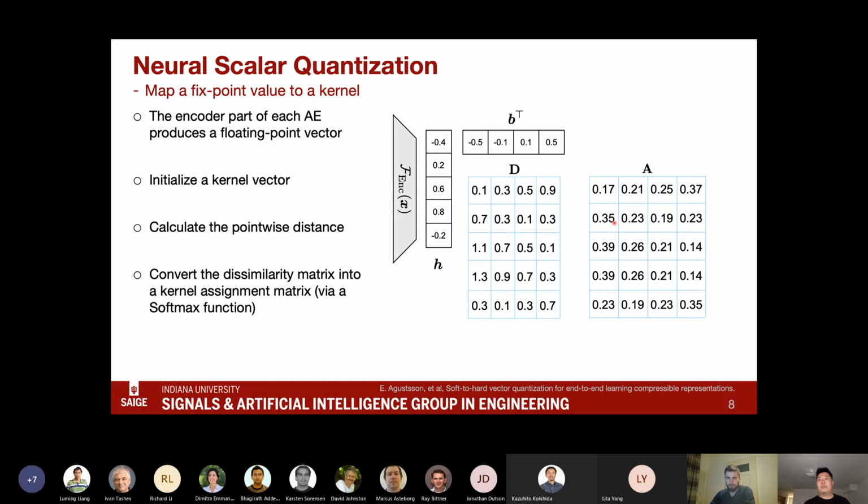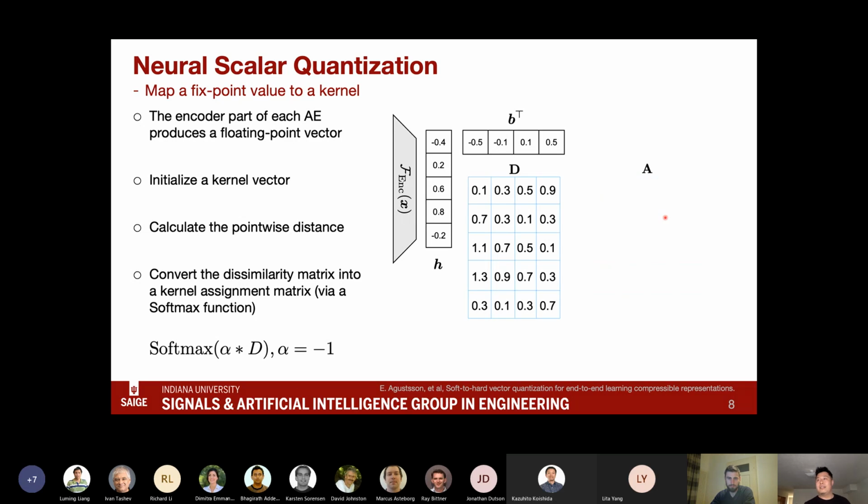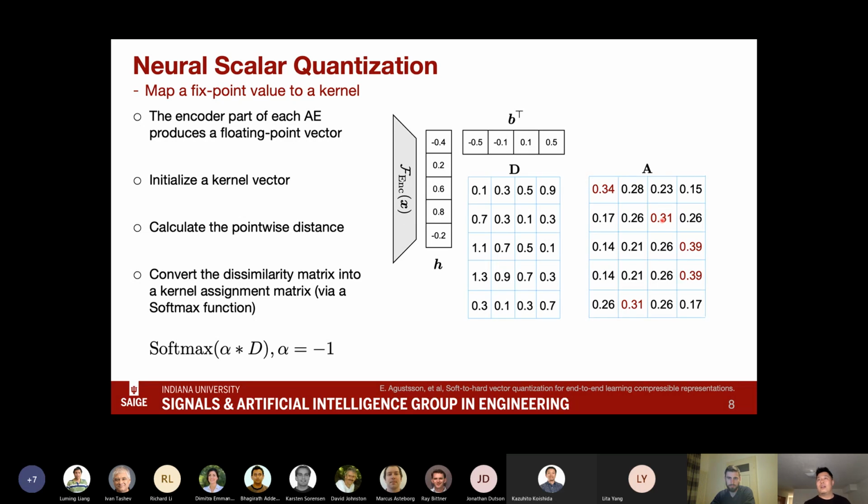The goal is to pick the one with the highest probability here, which means 0.1 in this kernel vector. That means eventually 0.2 will be replaced by 0.1 in this kernel vector during quantization.